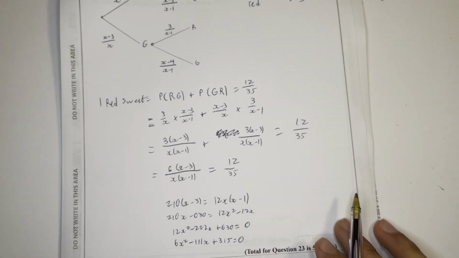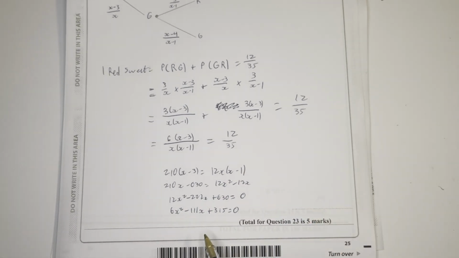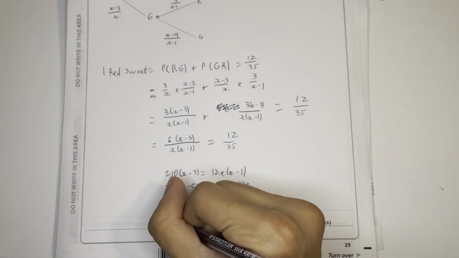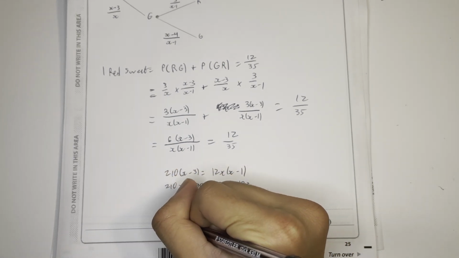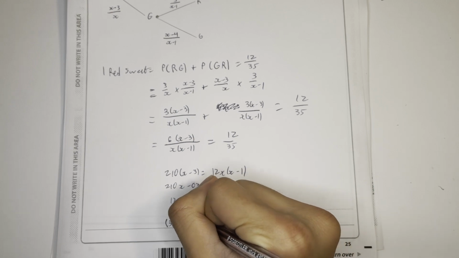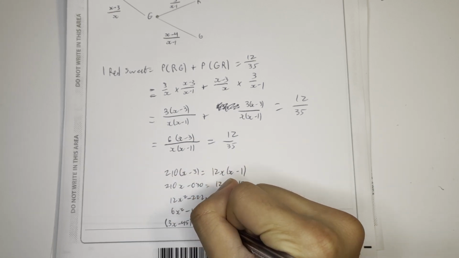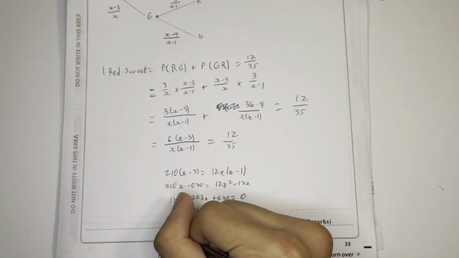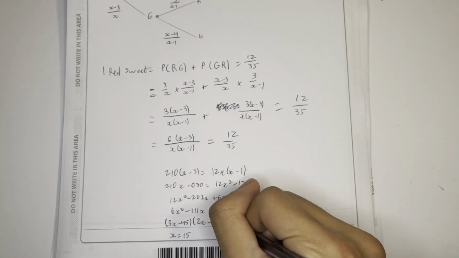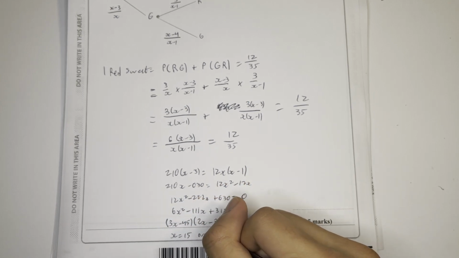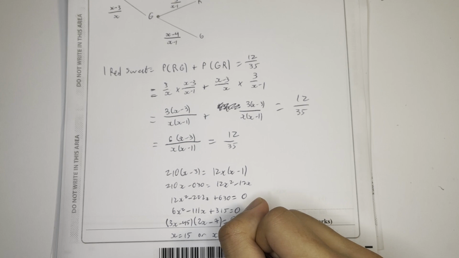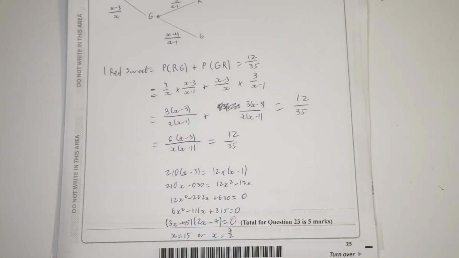Now, this might seem quite difficult to solve, but it can actually be factorized. This is done as 3x minus 45 times 2x minus 7, which gives us x is equal to 15, or x is equal to 7 over 2.